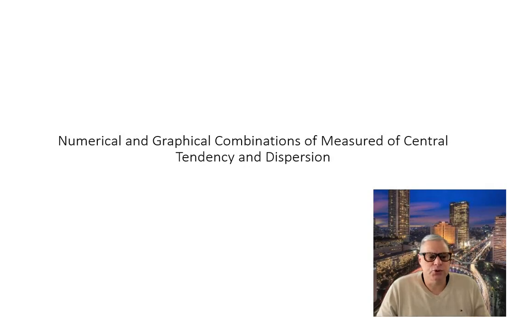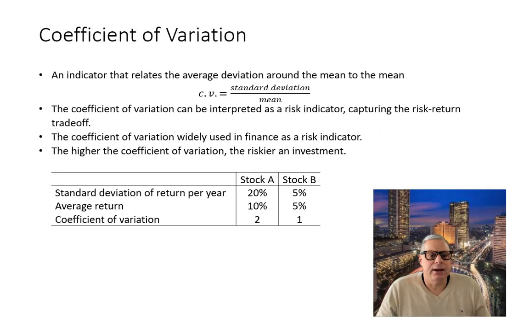And I also want to show you a graphical illustration that also combines indicators of centrality with indicators of dispersion, the so-called box and whisker plot. But let's begin with the so-called coefficient of variation.